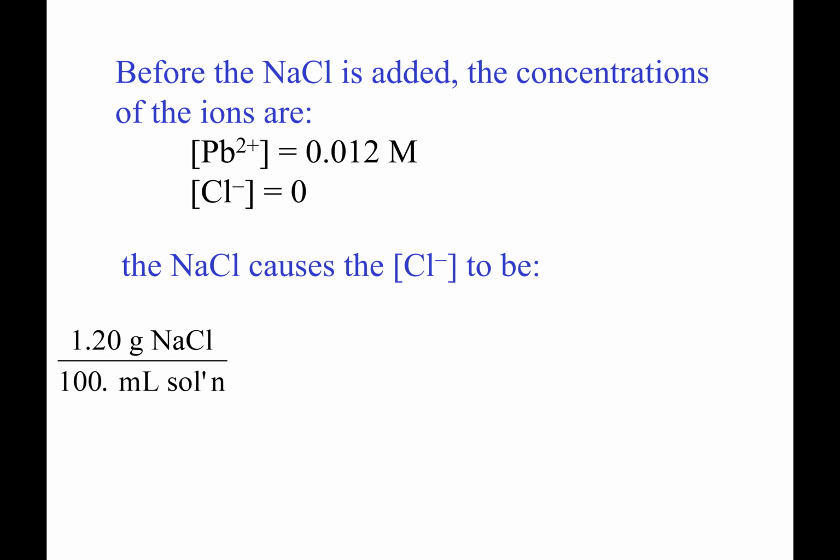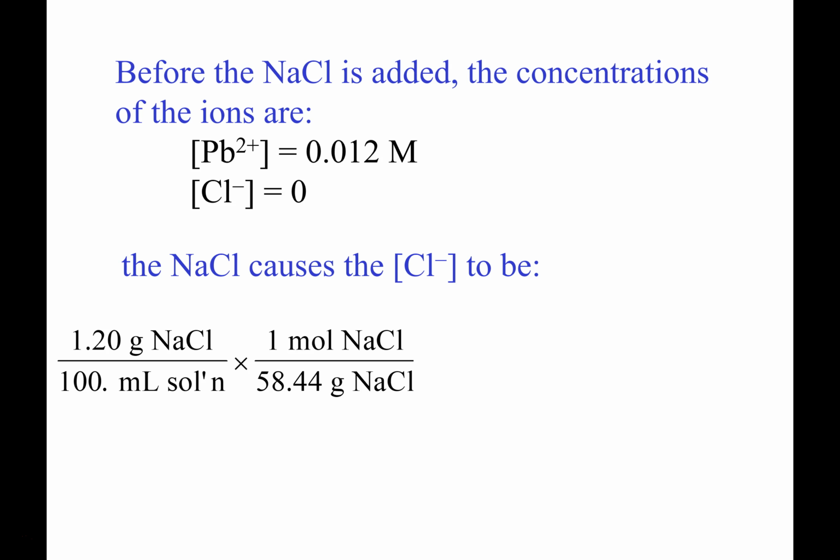The molar mass of sodium chloride using the periodic table is 58.44 grams per mole. So if I put 1 mole of NaCl on top and 58.44 grams of NaCl on the bottom, the grams of NaCl cancel and I have moles of NaCl per milliliter of solution.